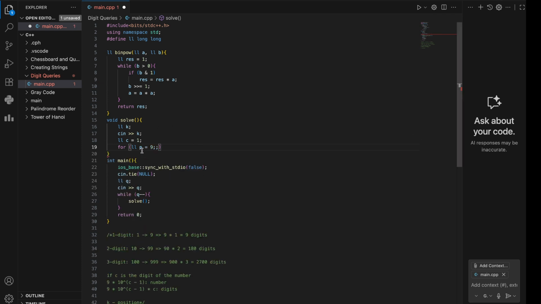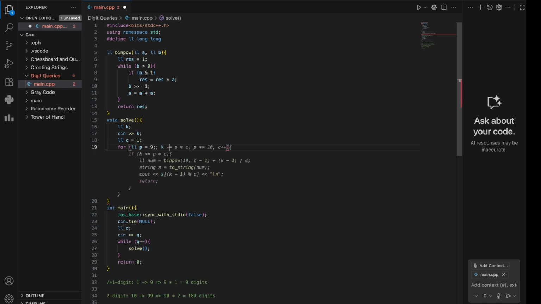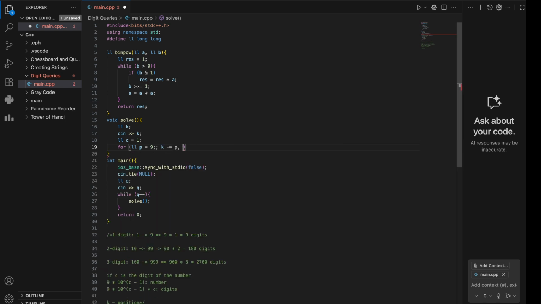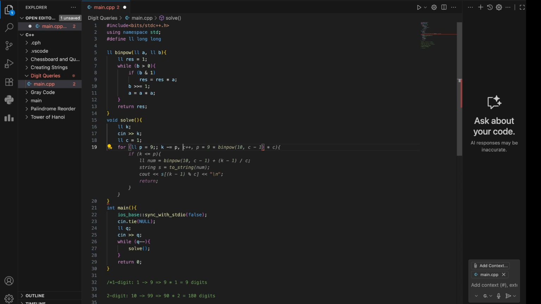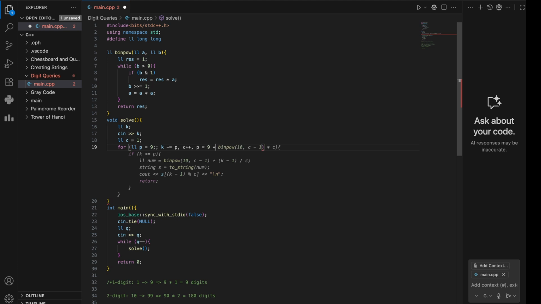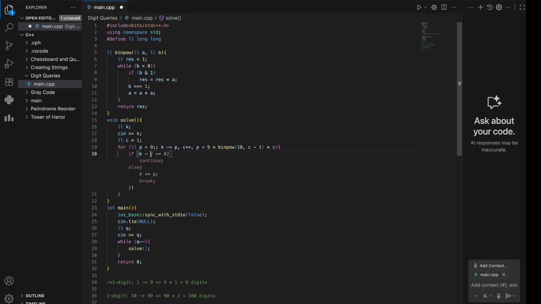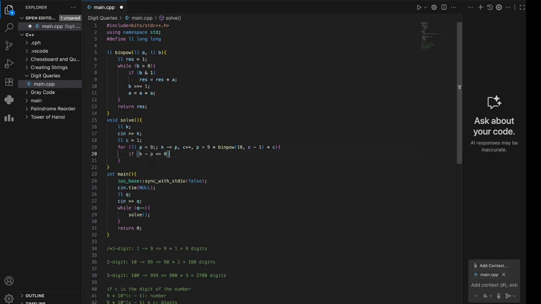We initialize P equal to 9. While K minus P is positive, we do K minus P, C plus plus, and P equals 9 times binpow of 10 and C minus 1, times C. If K minus P is less than or equal to 0, break.